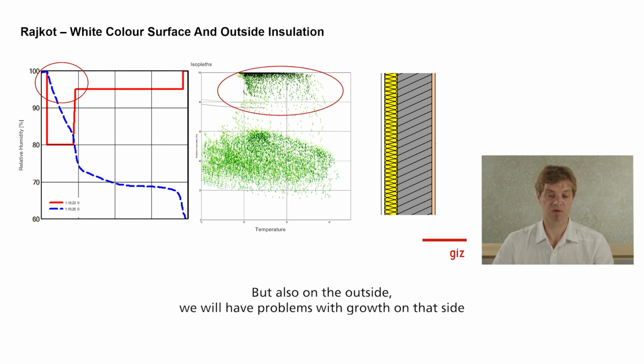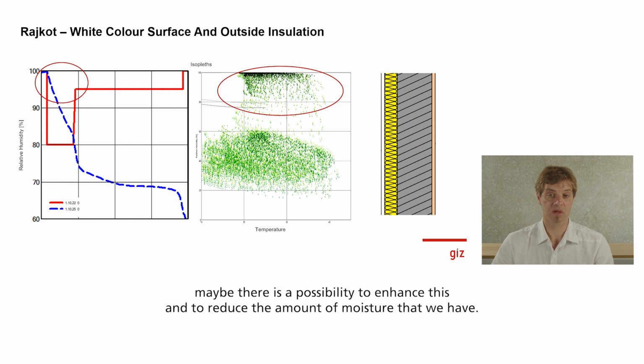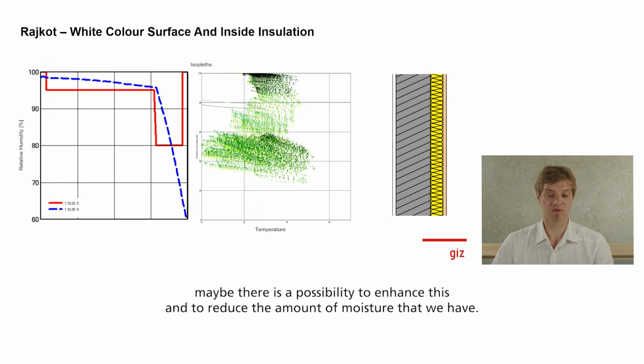But also on the outside we will have problems with growth on that side, because a lot of points are up here, still up here, and that is the problem that we have. If we change that from an outside to an inside insulation, maybe there's a possibility to enhance that and to reduce that amount of moisture.